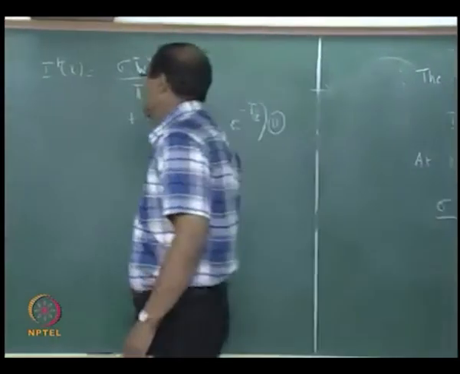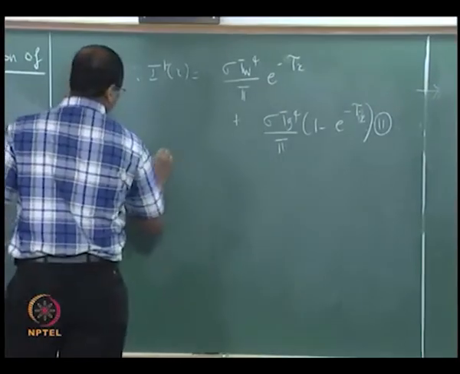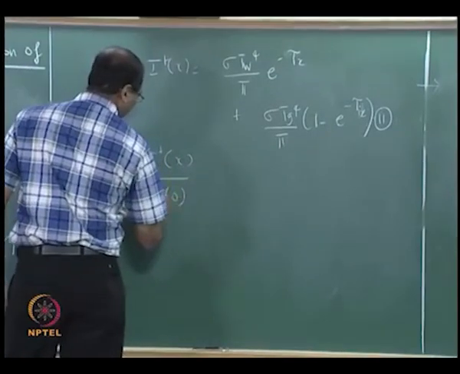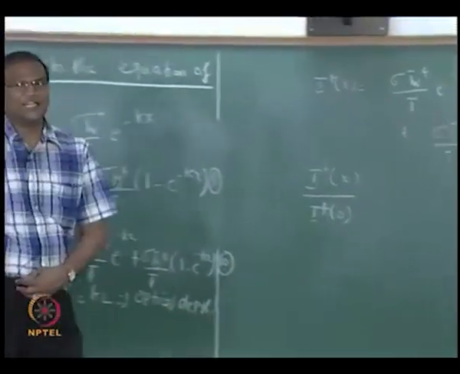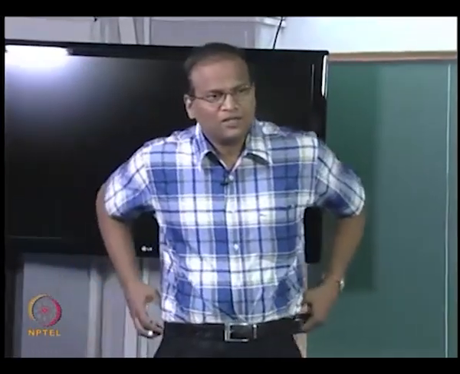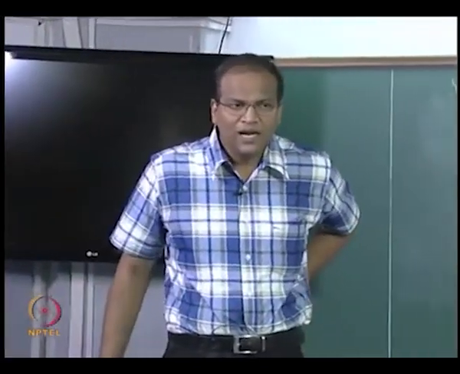So what is this ratio? I want to find out the intensity at x divided by the intensity at 0. What is the intensity at 0? Sigma Tw to the power of 4 by pi.